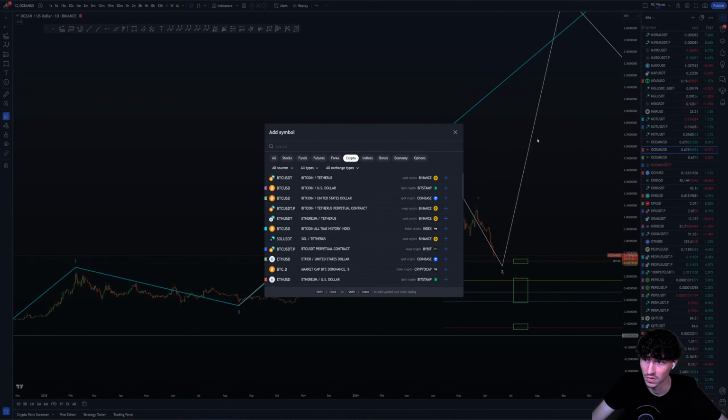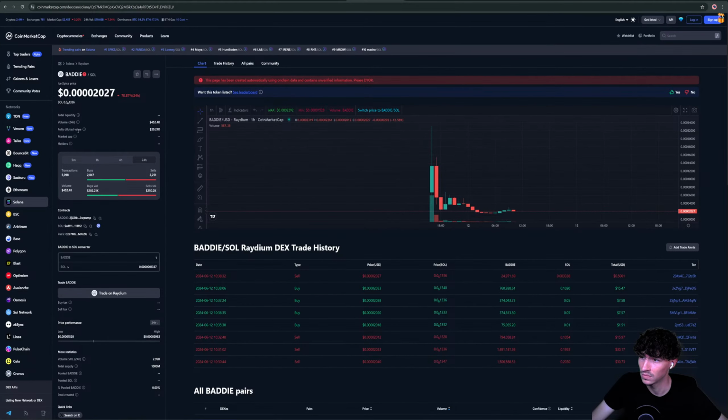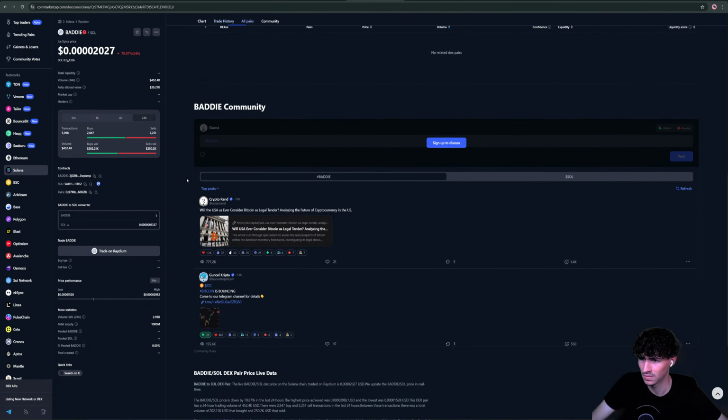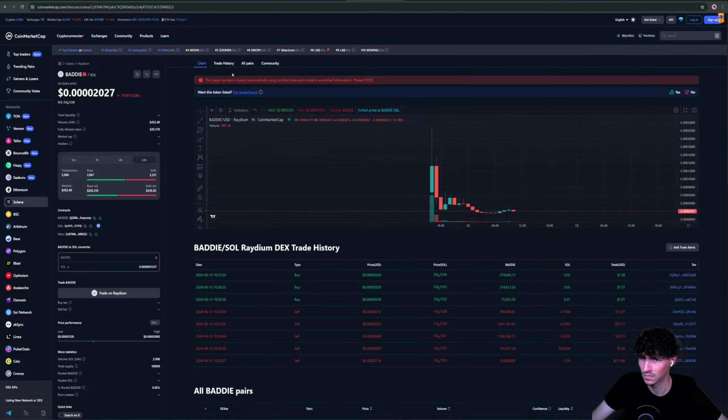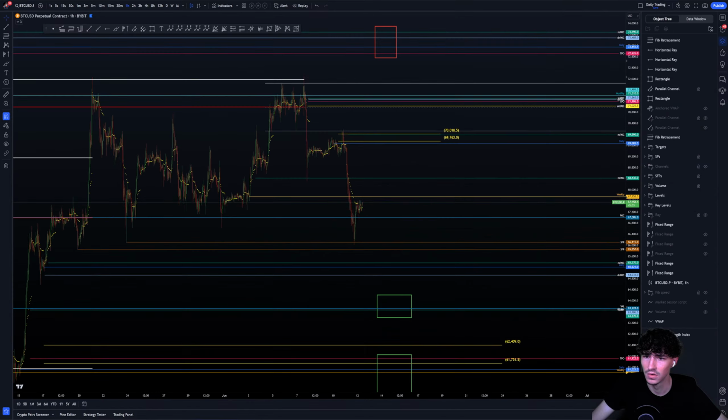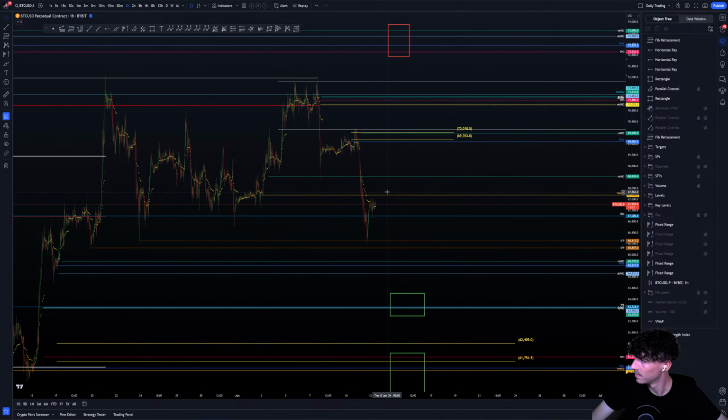I don't even know what this is, by the way. How do you know what this is? There is no description or something. I don't know. But yeah, I'm not investing really in new coins and stuff like that.